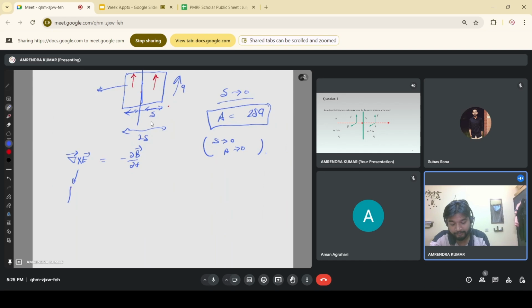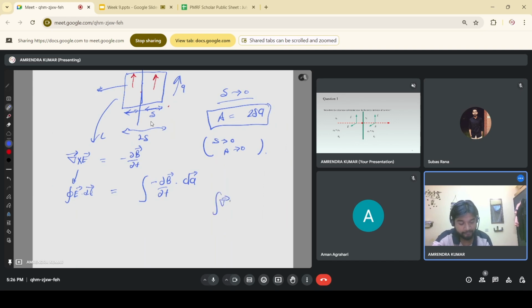This can be written as the closed loop integral of E dot dl, and on the right, minus del B over del t dot dA. You know the theorem where we change this.